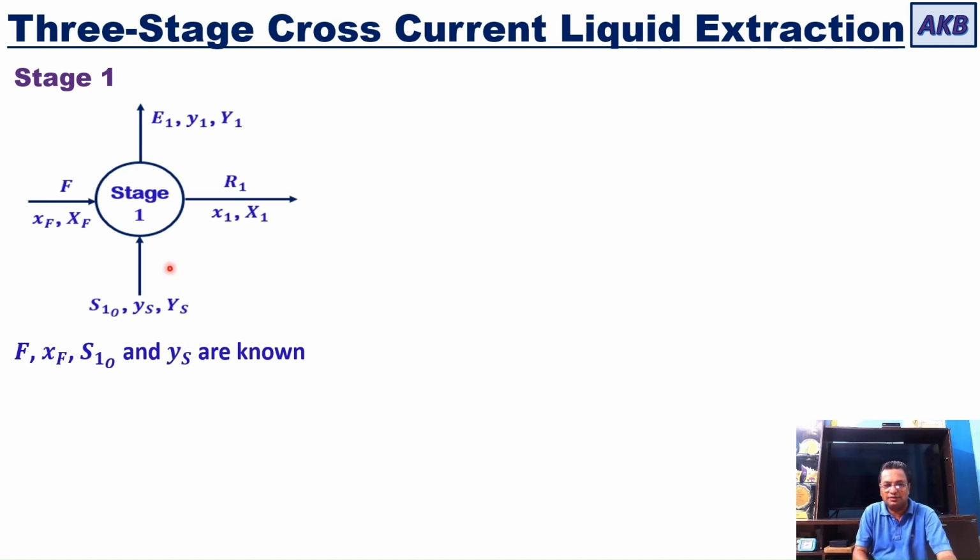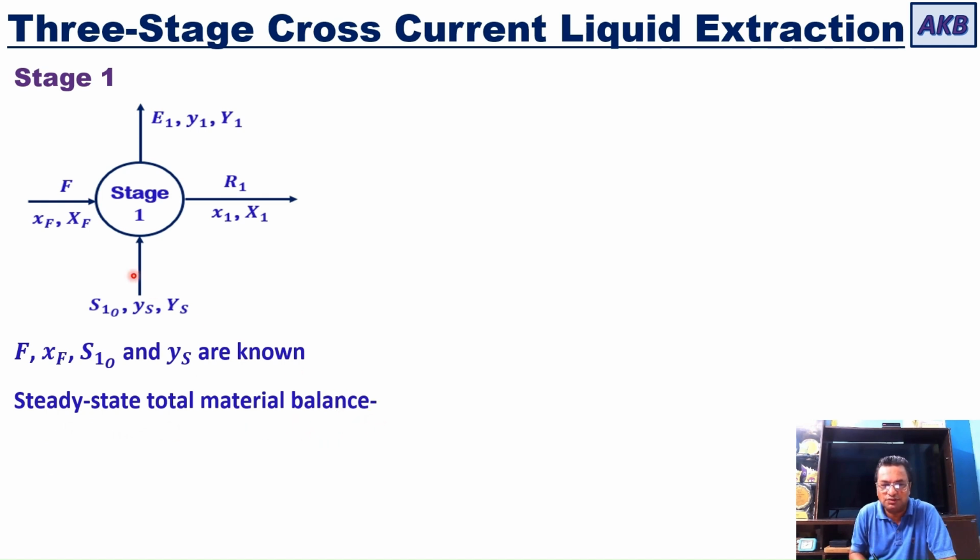So for doing calculations for stage 1, we know the feed mass flow rate, weight fraction of C in the feed, solvent mass flow rate, and weight fraction of C in the solvent. Now let us take the steady state total material balance for stage 1. Feed and solvent will be mixed.